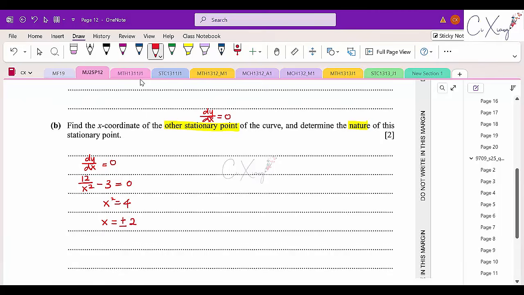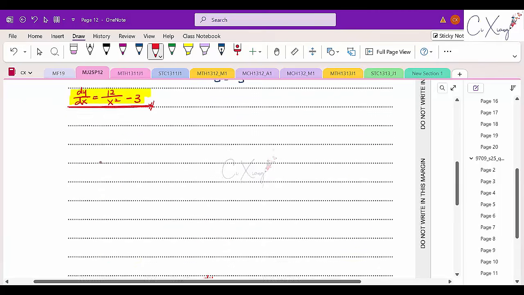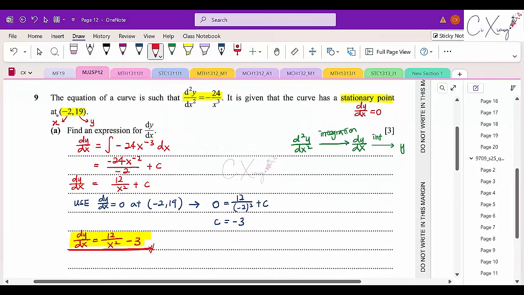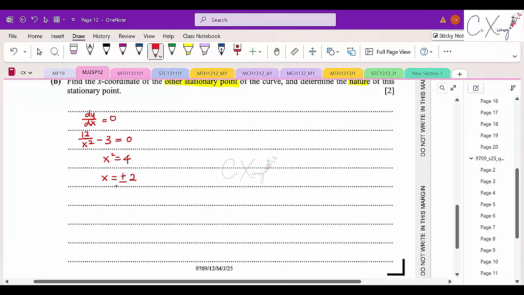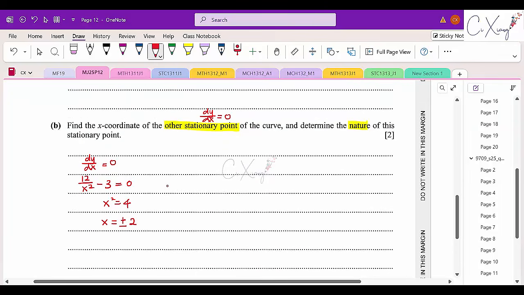We are already given one stationary point with the x-coordinate -2. So for the stationary point that we are interested in, it will be x = 2. So we take into consideration x = 2.